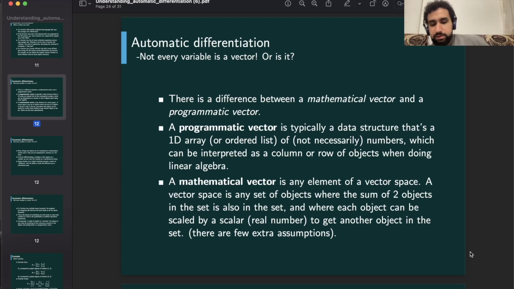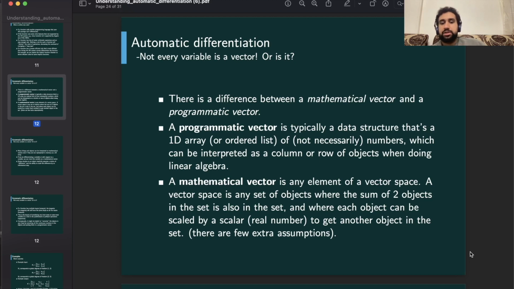A mathematical vector is a very general, abstract concept, so general in fact that a lot of things fall under this categorization, and it can be very difficult to implement because it's so general, right? In math, a vector is defined as any element of a so-called vector space, and a vector space is just a set of objects where you can pick two objects out of this set and add them to each other, and you get another object in the set.